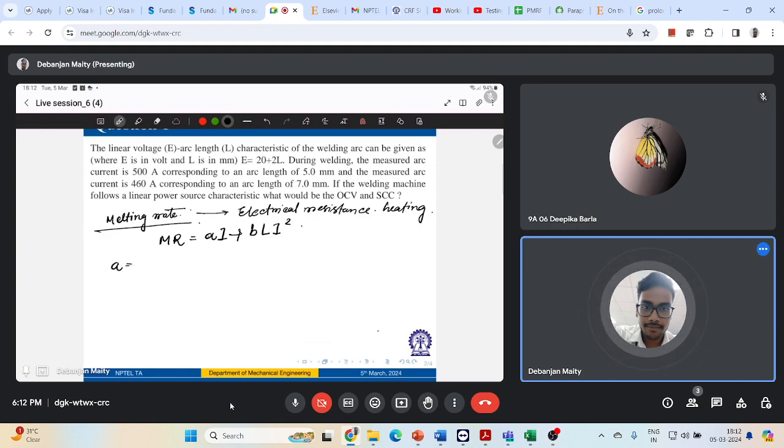A is called the anode or cathode constant, and B is the constant of proportionality for electrical resistance heating.